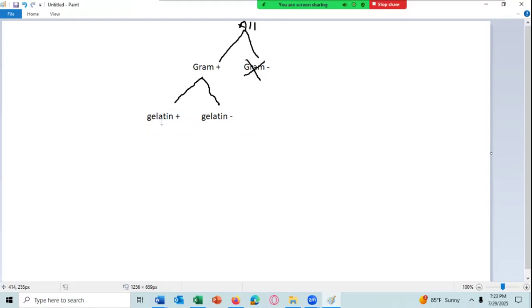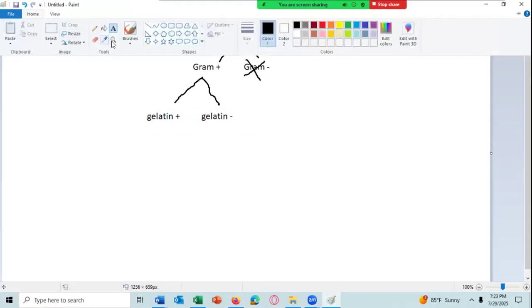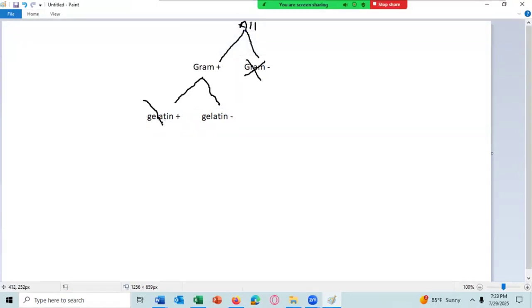And let's say it's gelatin negative. Cross out the gelatin positive.